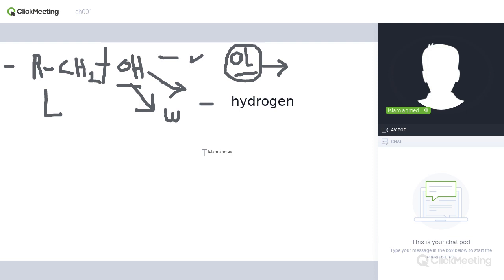Something also very important: glycerol is considered to be an alcohol also. Now, those two parts represent exam questions.